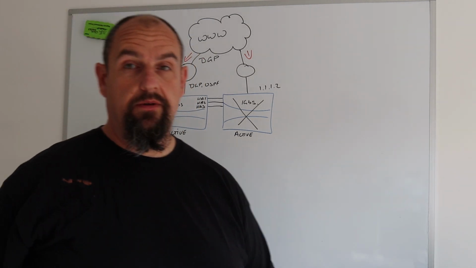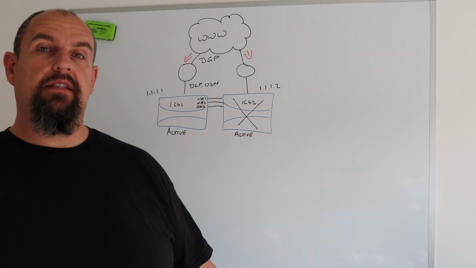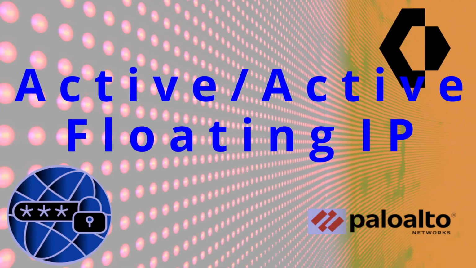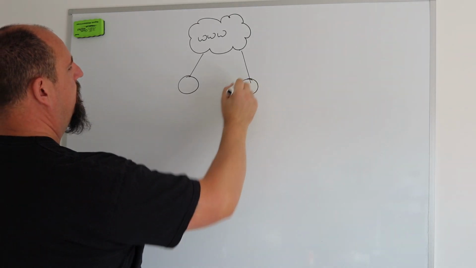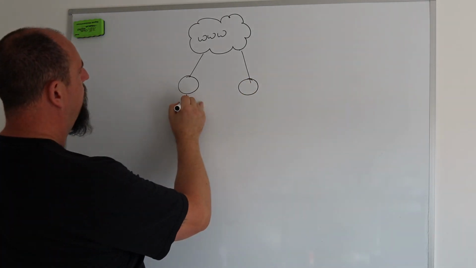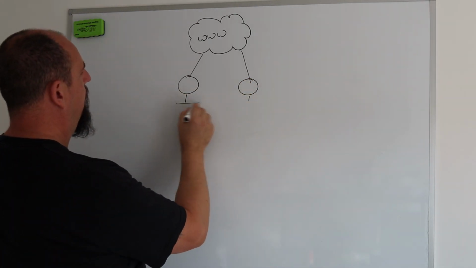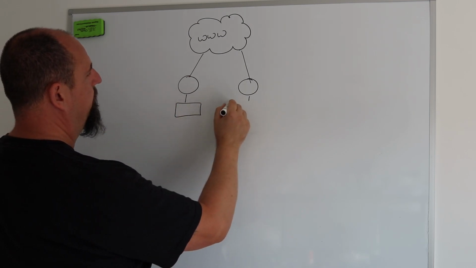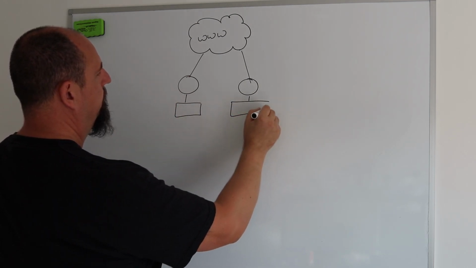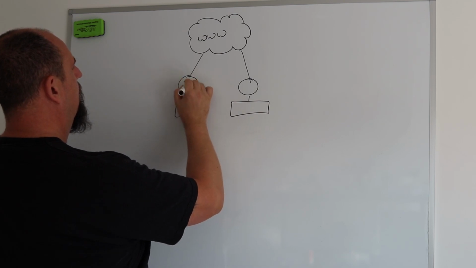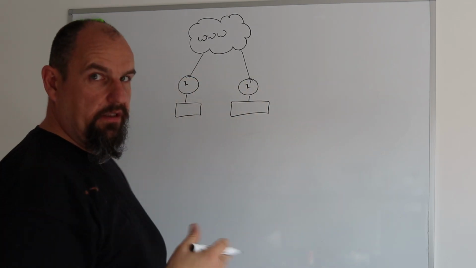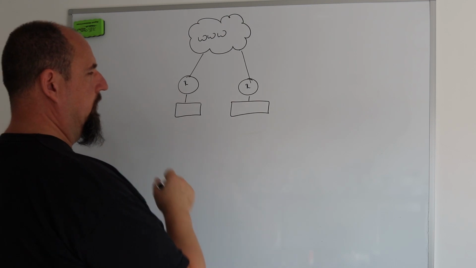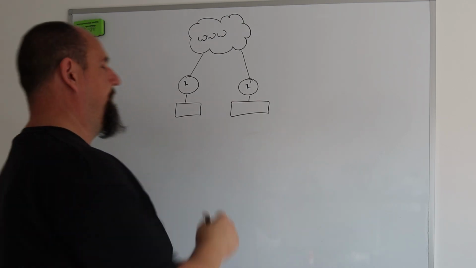Okay, so the next one is going to be active-active using floating IPs. Our edge routers there, then we have edge switching infrastructure. So these are routers, I know that's not standard iconography.